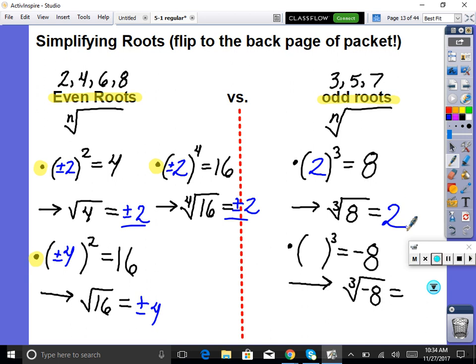Well, what cubed equals negative 8? Then by definition, the cube root of negative 8 is equal to negative 2 and only negative 2. So what I want you to notice is odd roots will either have positive answers or negative answers, depending if it's positive underneath or negative underneath. Does everybody agree? Okay, all good.